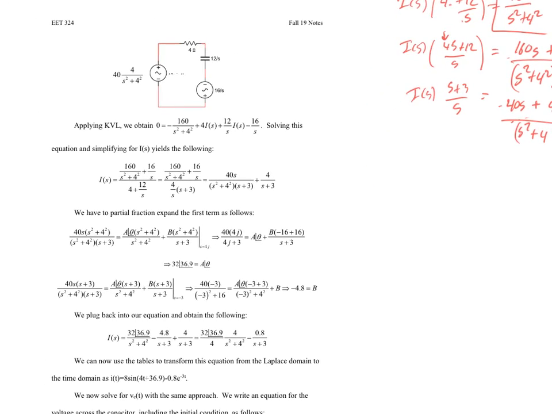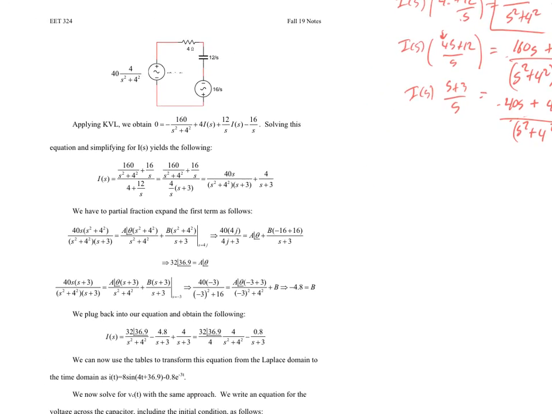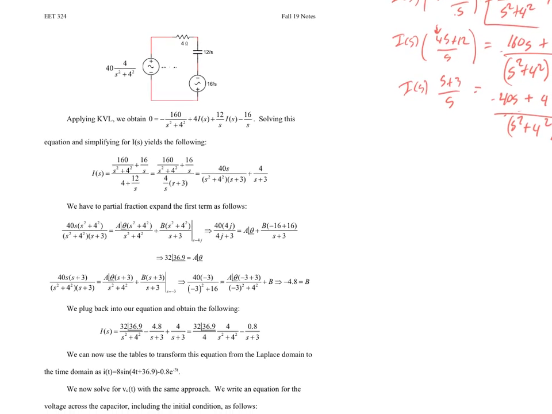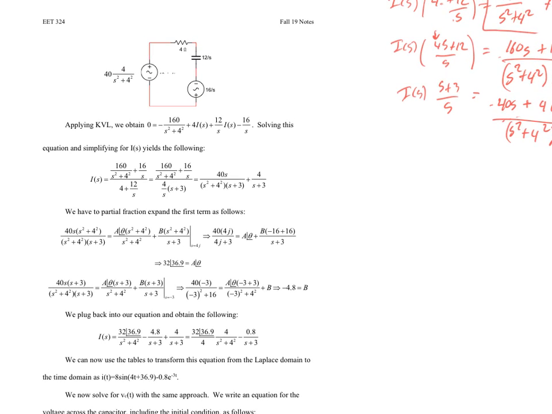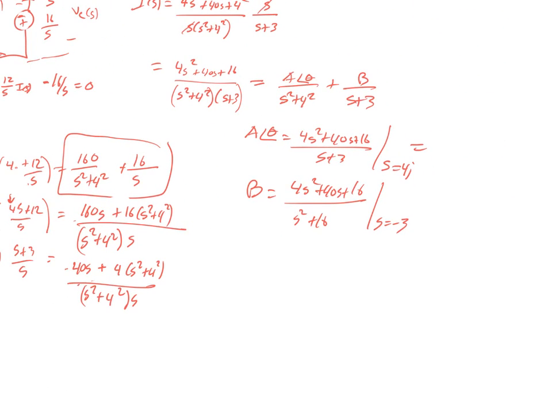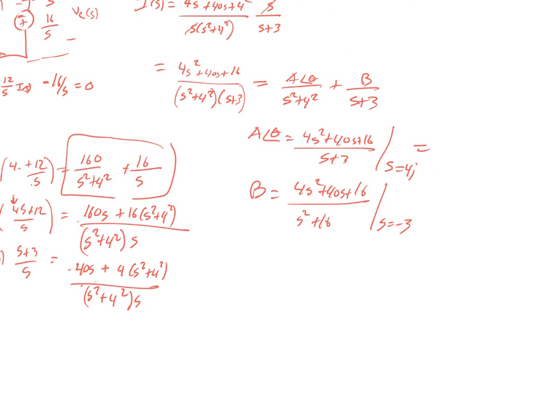So a is 32 at an angle of 36.9, and b is minus 4.8. Somebody remember minus 4.8? I'll remember minus 4.8. You all remember 32 at an angle of 36.9. So minus 4.8. And what did I say? 32 at an angle of 36.9.